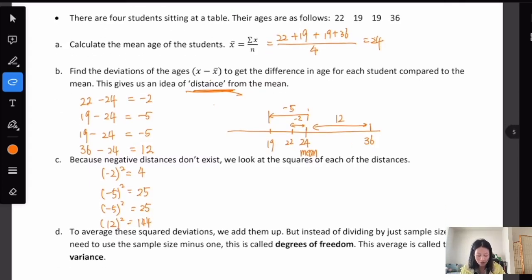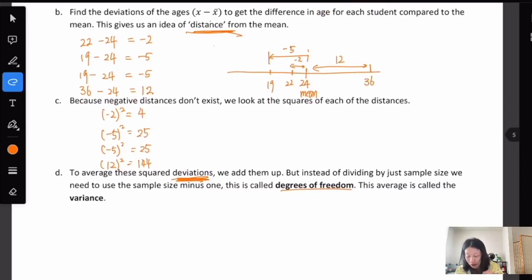Then to average the squared deviations, which are the distances, we add them together, but instead of dividing by just the sample size, we use the sample size minus 1. This is called the degrees of freedom. The average is called the variance. So now we're trying to get the variance.